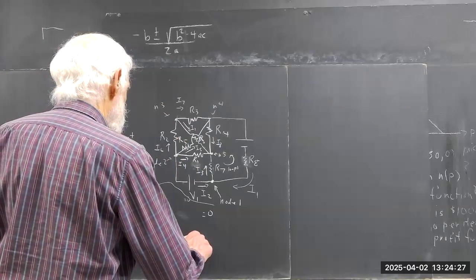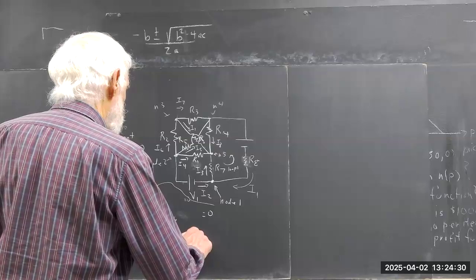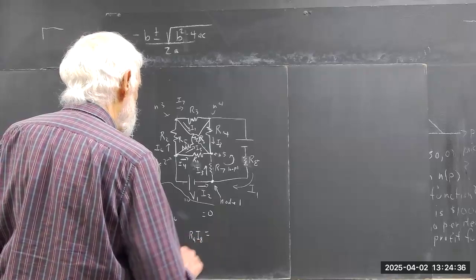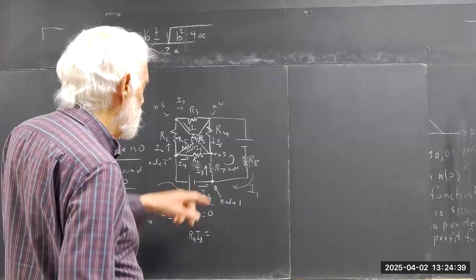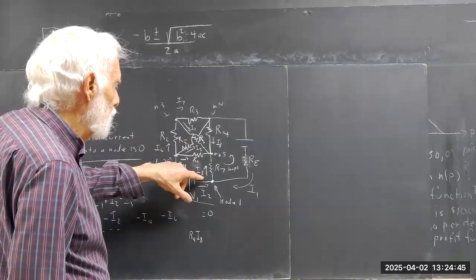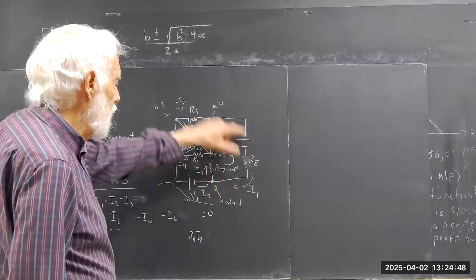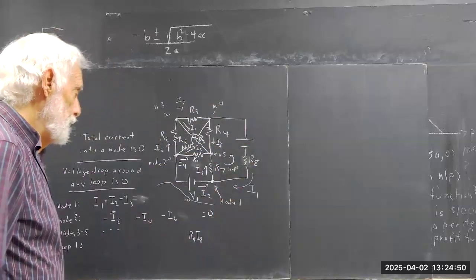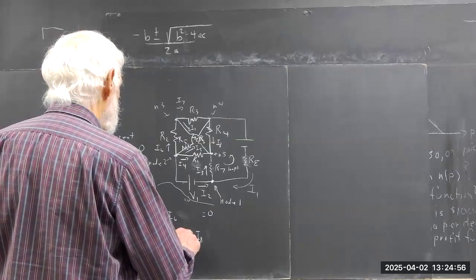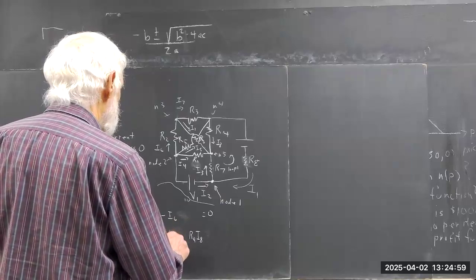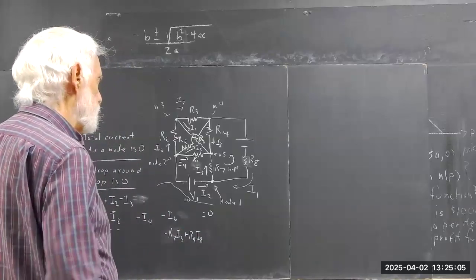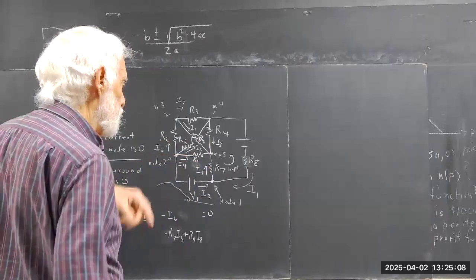Okay, I'd have I8 R4. Leave this thing in there yet. Okay. I would have I3 R7, but it's in the direction opposite my path around the loop. So I would have, actually I'm going to put R7. This one's positive, that one's negative.